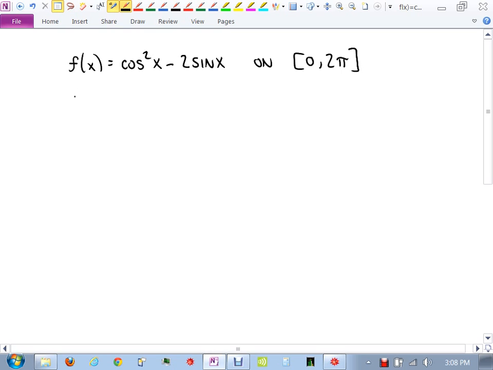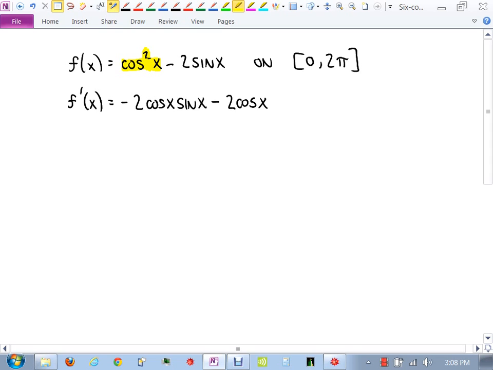All right, first derivative is -2 cosine x sine x minus 2 cosine x. So what I had to do here, remember, on cosine squared x, that's chain rule, isn't it? Something squared.